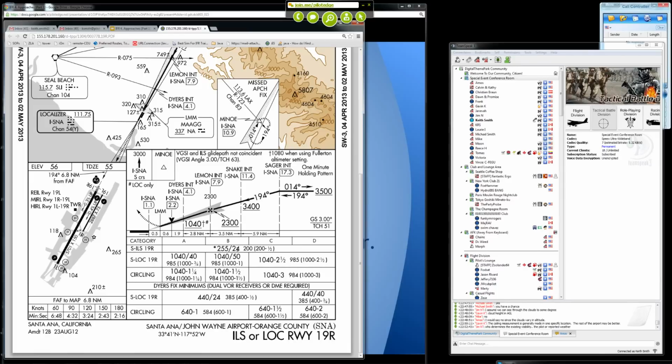The same is not true for Part 91. I can legally shoot the ILS 19 right into John Wayne if it's 0-0, a complete whiteout, literally 0 feet visibility. You could debate whether it's a good idea or not. It's not that it's unsafe; it's no harder to fly an approach in VFR than in IMC if you're just using the instruments.